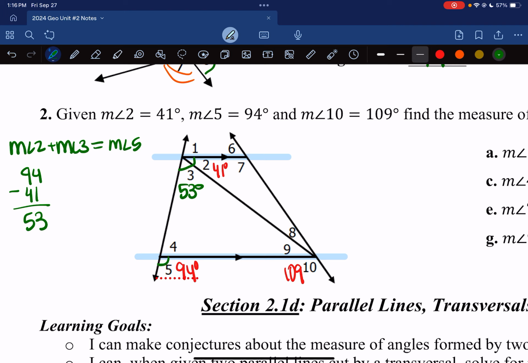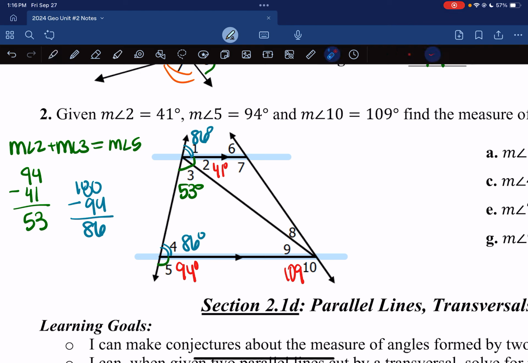Now for the measure of angle 4, 4 and 5 are supplementary. They're a linear pair. So we can do 180 minus 94, and that gives us 86 degrees. So 4 is 86 degrees. Now we know 4 and 1 are corresponding angles, so 1 is also 86 degrees.